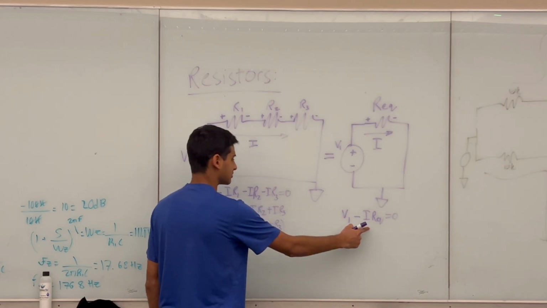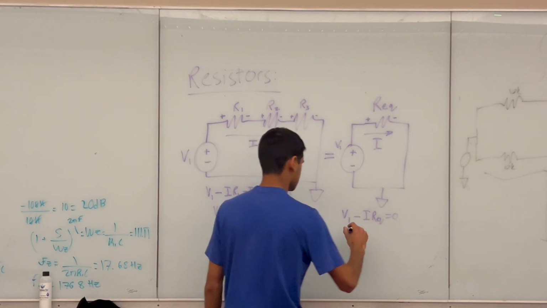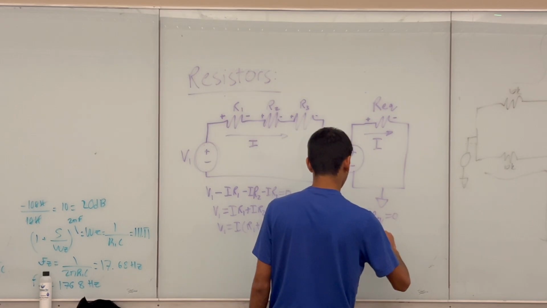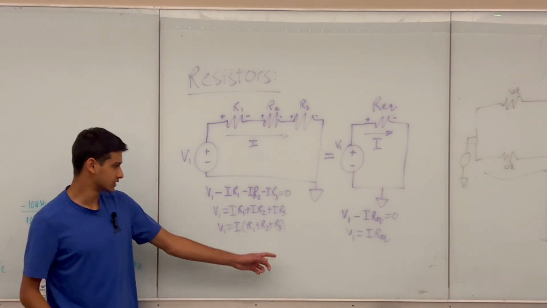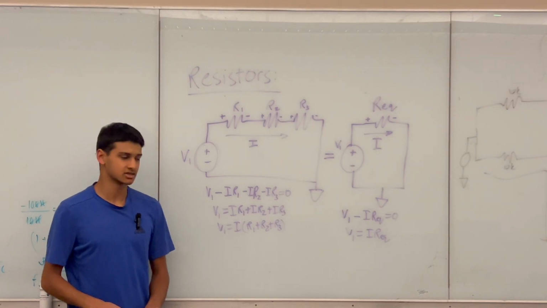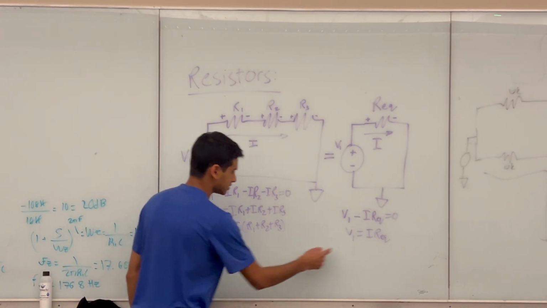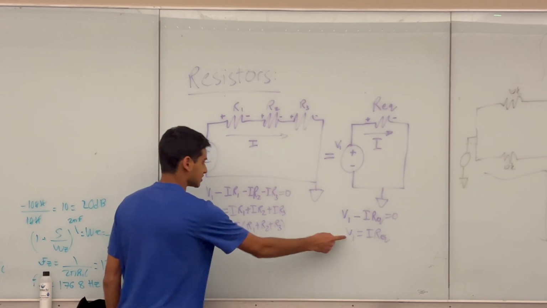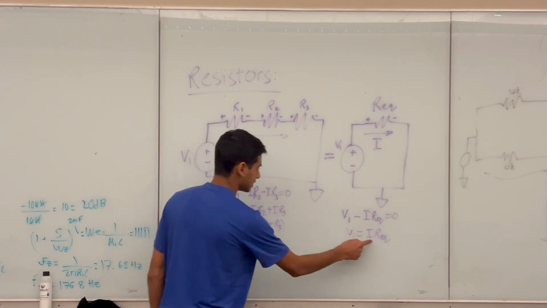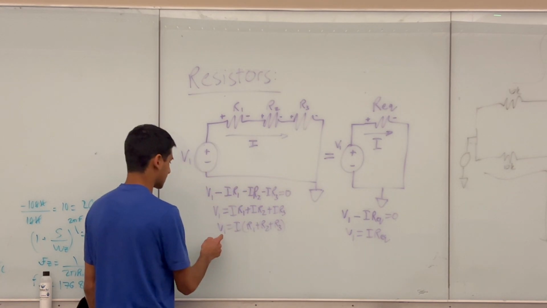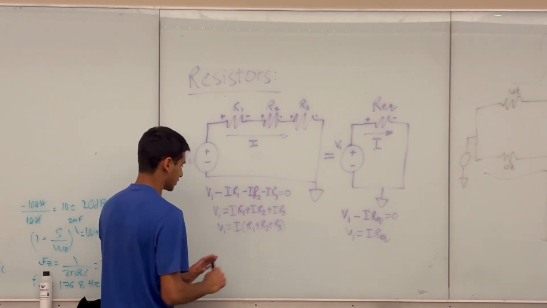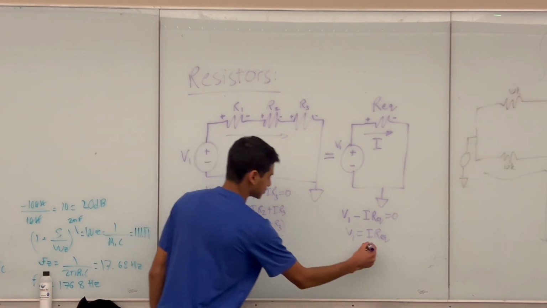And I'm going to do the same thing to this side. I'm going to move the I over to this side. So V1 equals I Req. And so one thing you're going to notice about this is that V1 is the same in both scenarios, and so is I. So what I can do is set these two equations equal to each other.